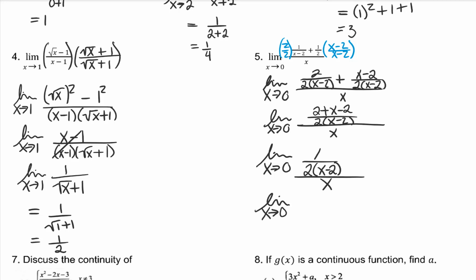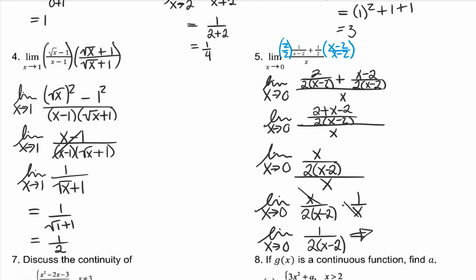A fraction divided by x would be the same as this fraction times 1 over x, times the reciprocal. And oh, x over x is 1. Now I can direct substitute. And there's our limit.